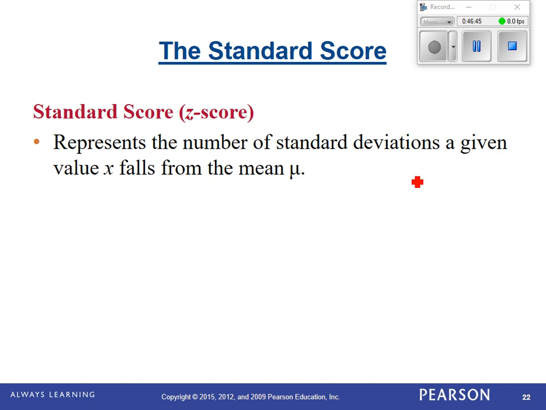It just doesn't work. But if we change them into Z-scores, then we can compare. Or if you're looking at your English test compared to your biology test, we can compare those two, even though they're not the same kind of test, if we use standard scores or Z-scores.